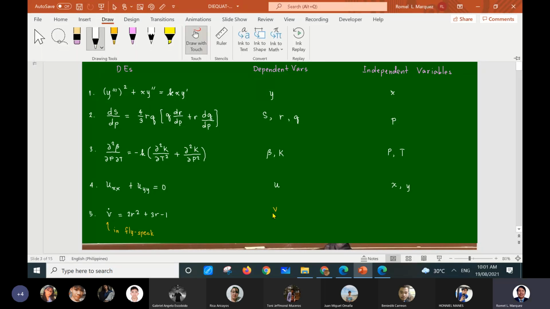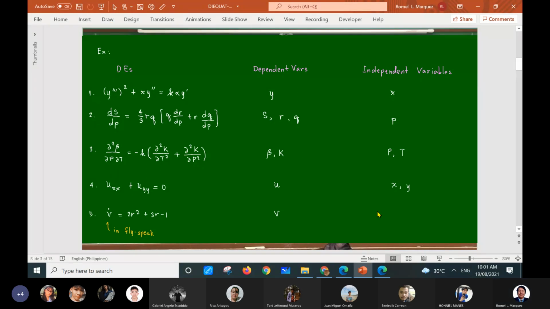And then, what about the independent, guys? R. Okay, good. Because that is the only other letter involved, no? So we assume that it is with respect to that letter, unless otherwise stated, no? Okay? Am I clear with this now, guys? Yes po. Okay.